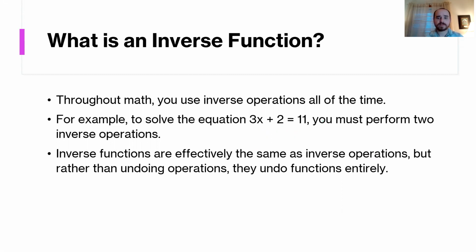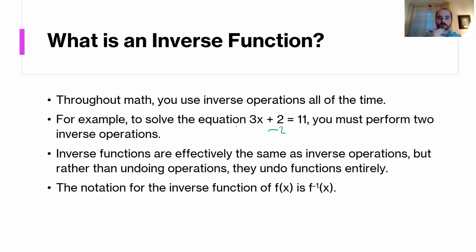Inverse functions are effectively the same thing as inverse operations, but rather than undoing individual operations, so rather than getting rid of this 2, they're undoing the entire function. The notation for an inverse function of f of x is f to the negative 1 of x. The reason that I say specifically of f of x is if you have g of x, it's not going to be f negative 1 of x.